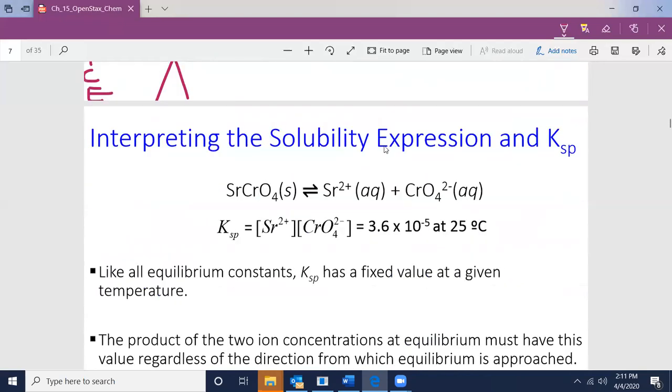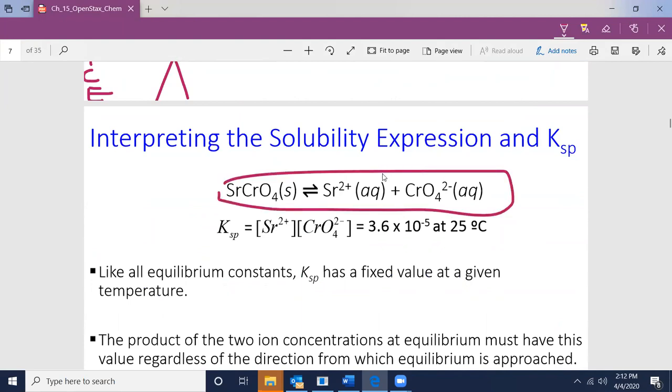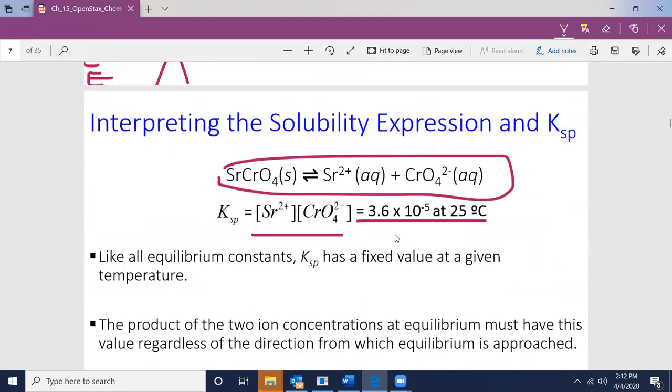So, interpreting the solubility expression in KSP. What does that mean? This is another equation here. You have a solid, so it's going to be these two ions only in the K expression, and that's going to be equal to this, right? So if you have the concentrations of these two here, you will get this value.